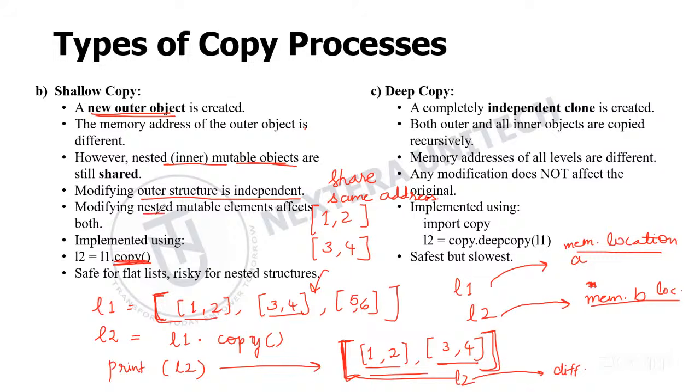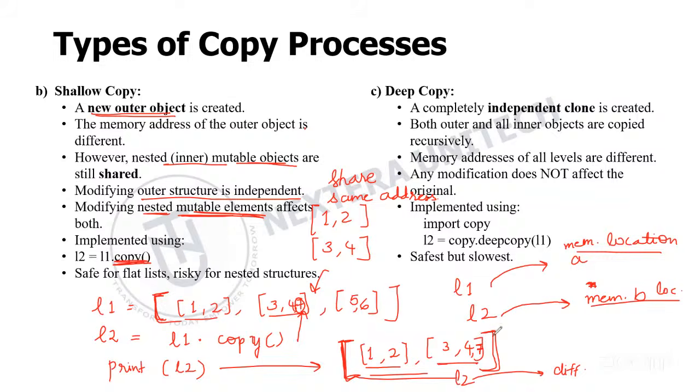But if you modify the inner or nested lists, let's say I add 7 to the second inner list, [3, 4, 7], this added element will be reflected in both lists because they share the same memory location.